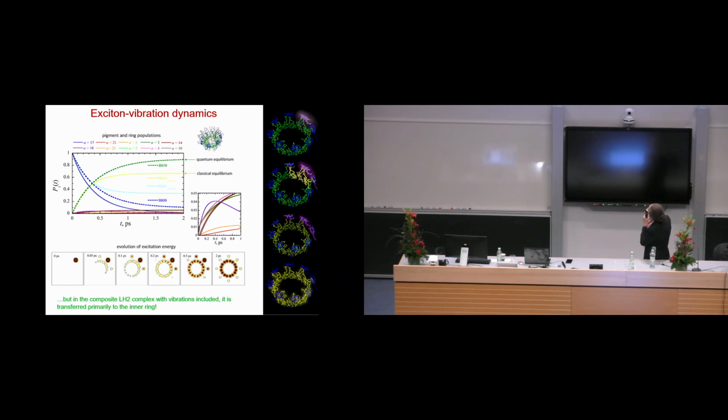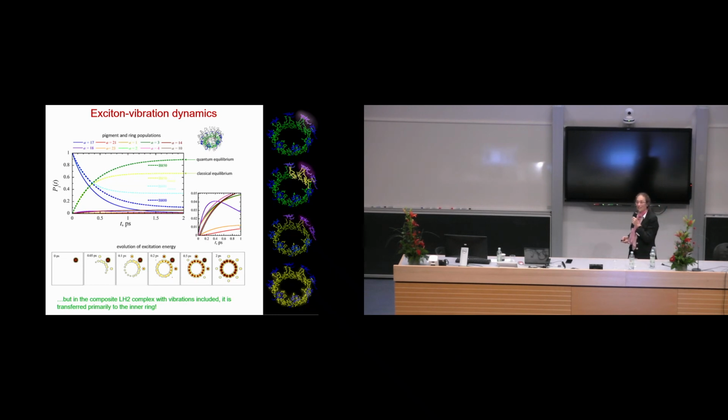So when we look at population curves with vibration, including coupling to vibrations, now we see that the populations of chlorophyll units on the inner ring, they do rise. There are many of them. They don't seem to rise much because there are many of them. Okay, the total rises a lot, though. This dashed green curve here is the total population of the inner ring, and you see it goes to 0.9.